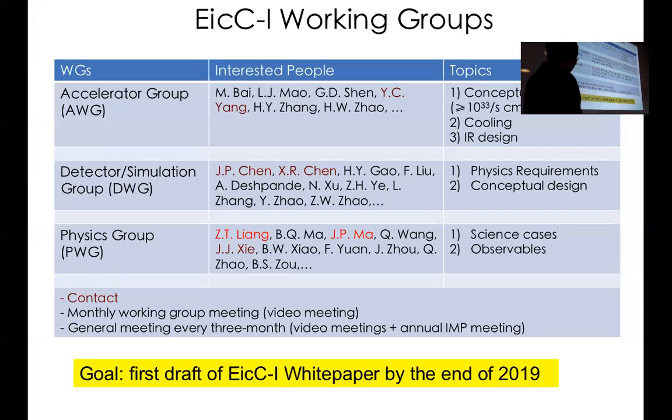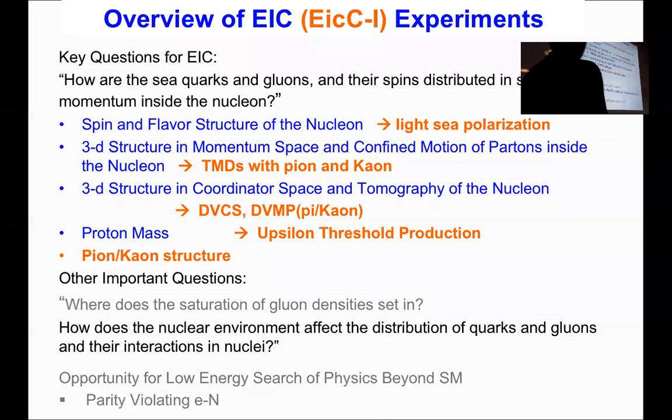They try to have a monthly meeting, remote, and maybe every few months some video meeting. Then annually have some kind of meeting. At some point, we'll try to get more international involvement with this. So the goal is to produce some kind of white paper by the end of next year.